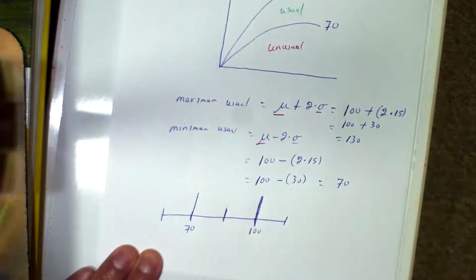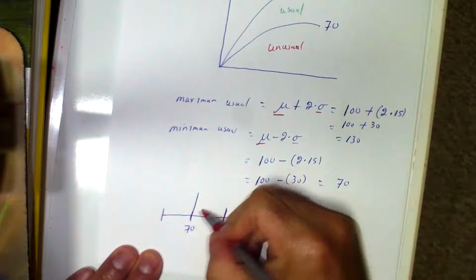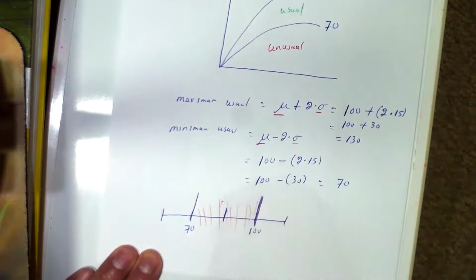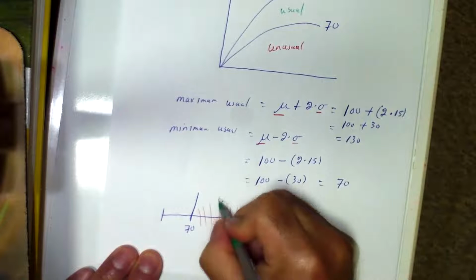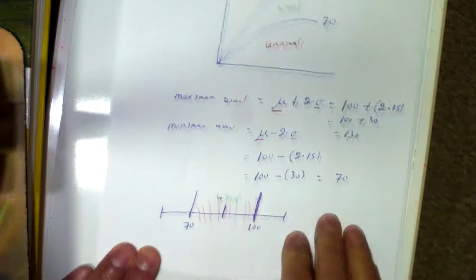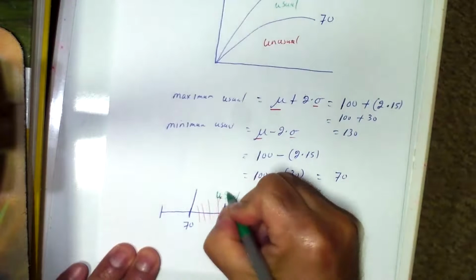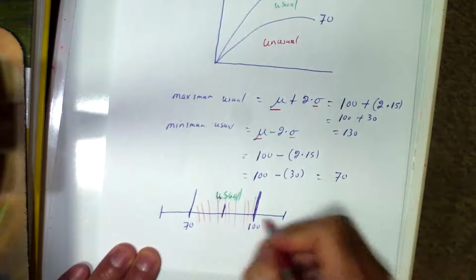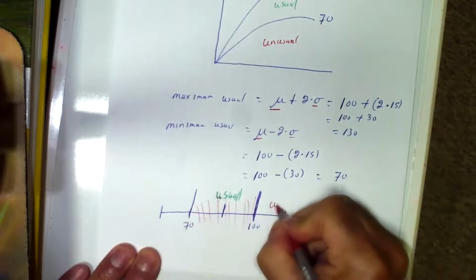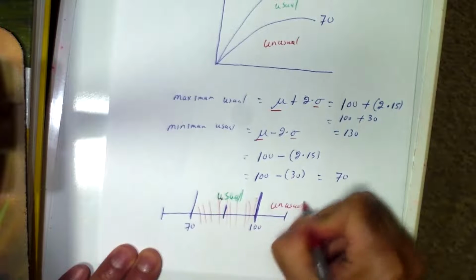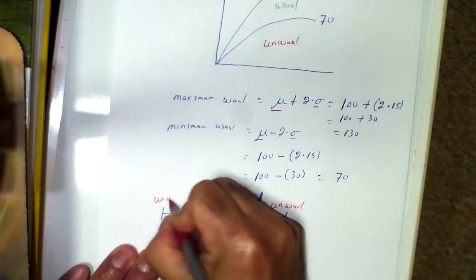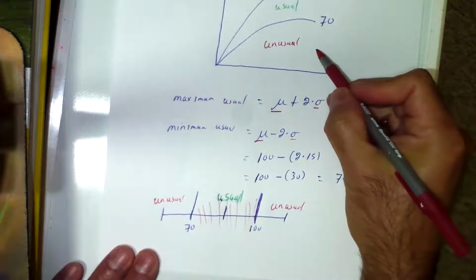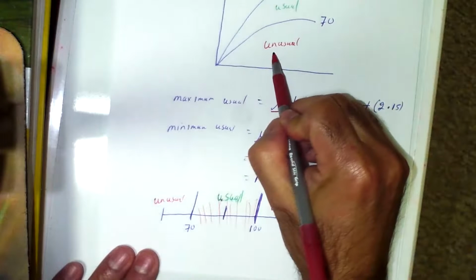Anything that falls in between this area here is considered usual, right? Usual. And anything above or below is considered unusual. So first, a child with an IQ of 65 is considered unusual.